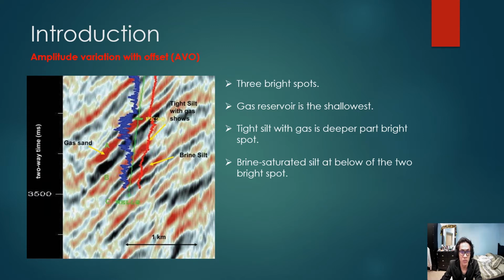So this figure shows an example of bright spots, which are post-stack amplitude anomalies, which in this basin were caused by different types of geological condition.